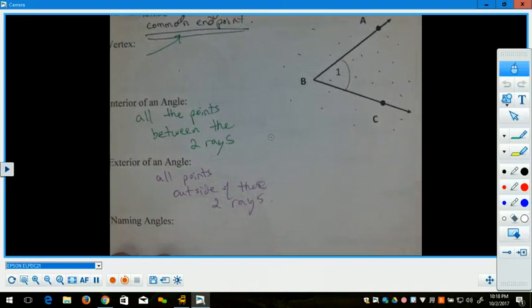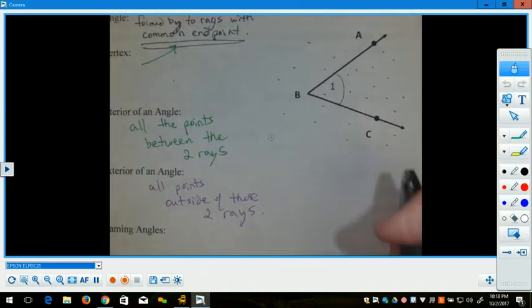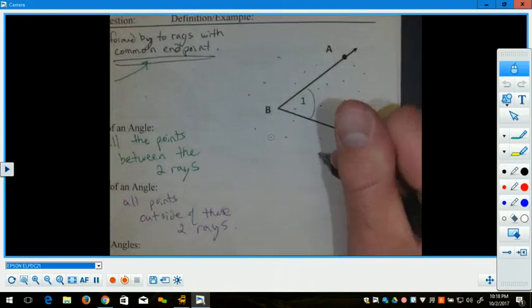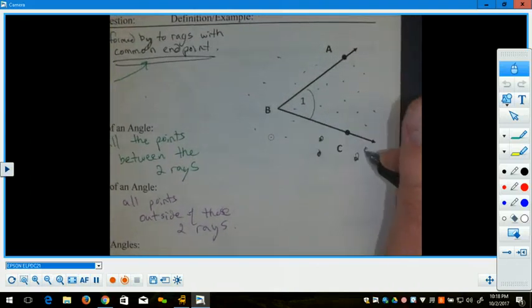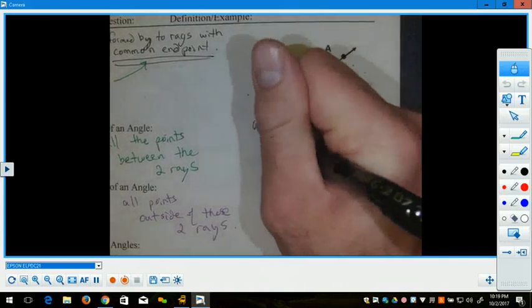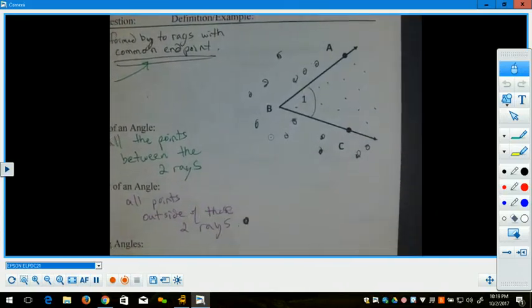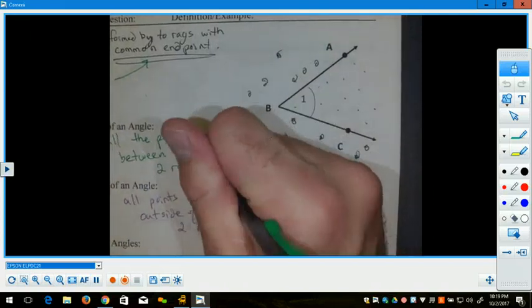Those ones I did in purple, but it's a little tough to see, so I'll make them bigger. Those bigger points are on the exterior, and the tiny points are the interior.